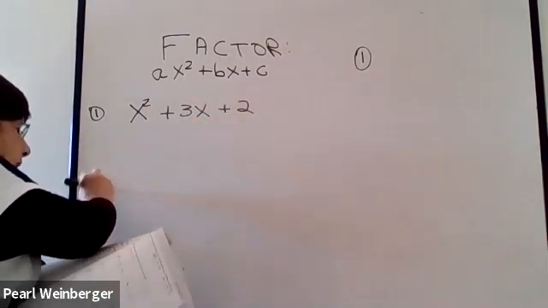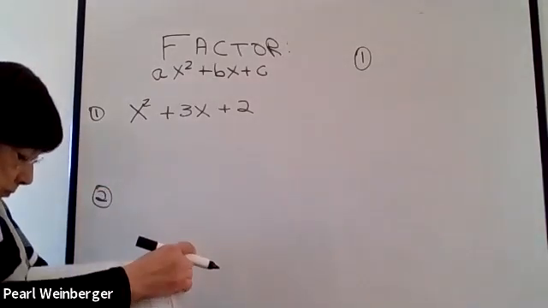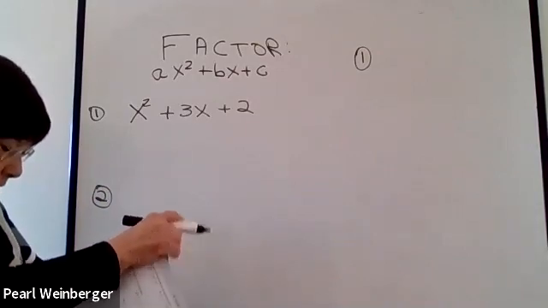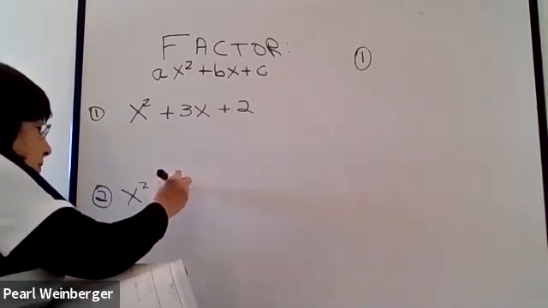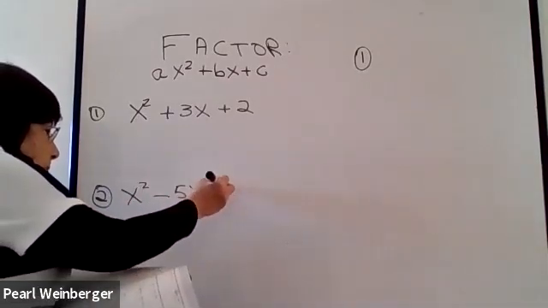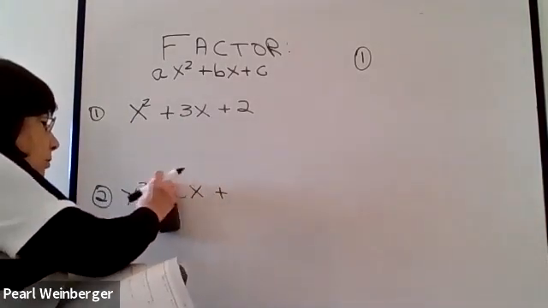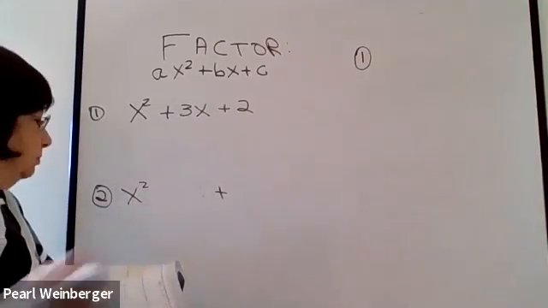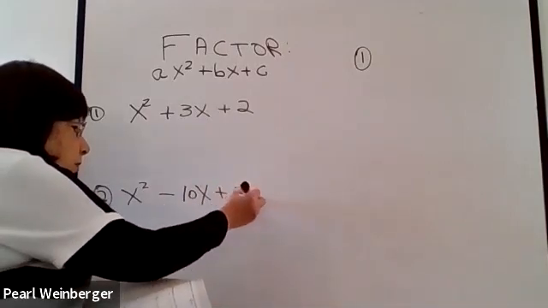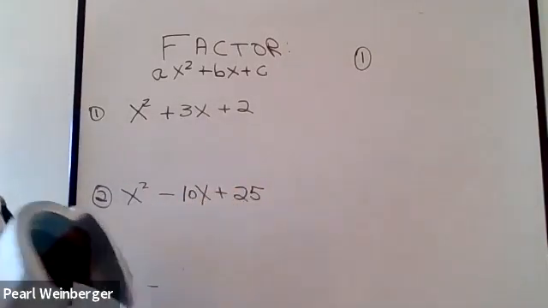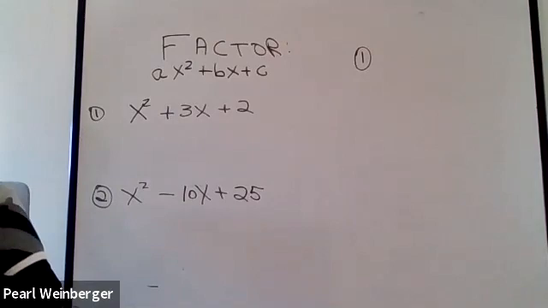And here's your second one, x squared minus 10x plus 25. Okay, let's see if you could factor these two trinomials while I'm taking attendance.